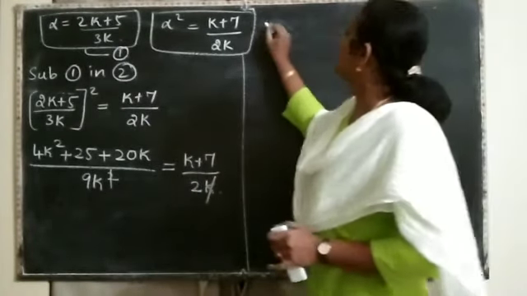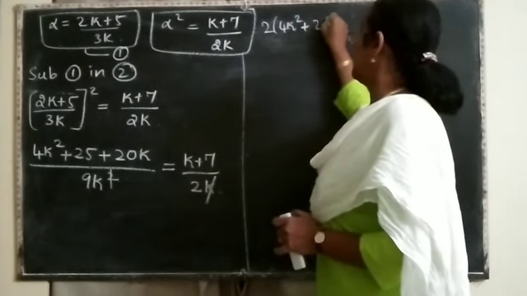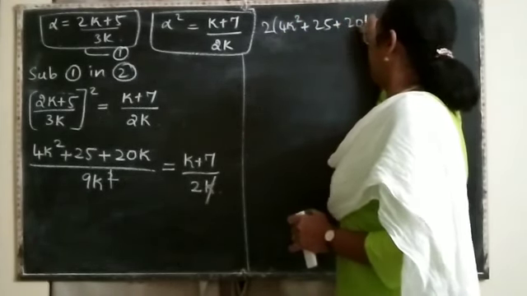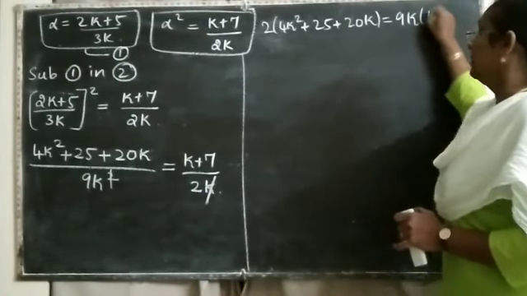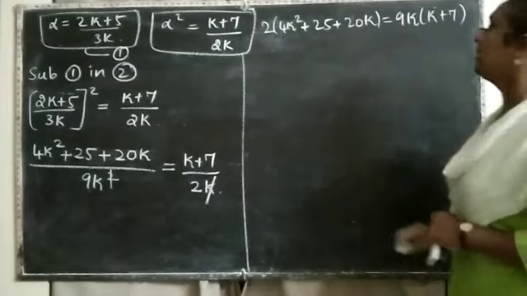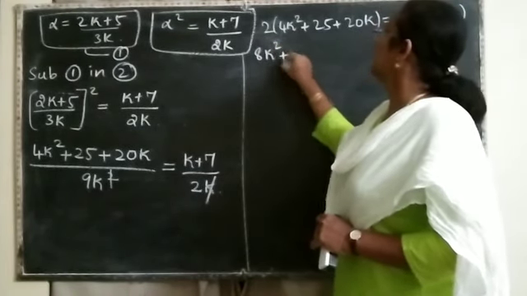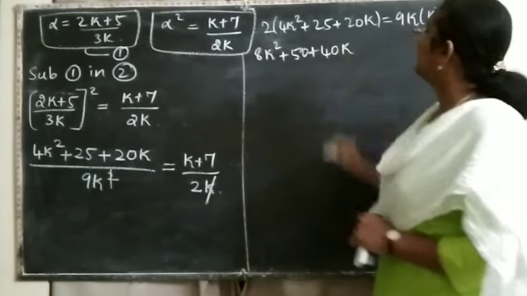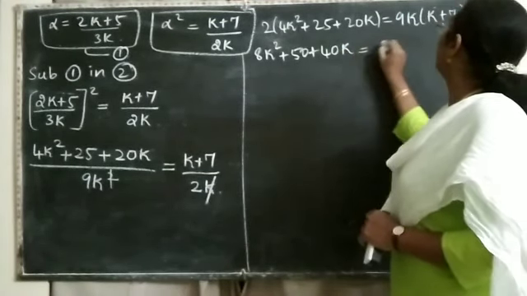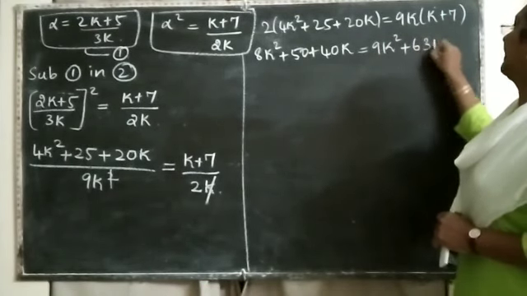Now I am going to take 2 to that side: 2 into (4k squared plus 25 plus 20k) equal to 9k into (k + 7). Now multiply: 8k squared plus 50 plus 40k equal to 9k squared plus 63k.